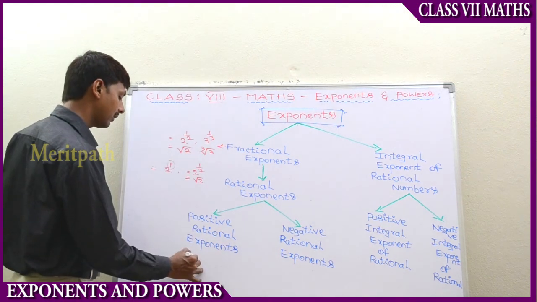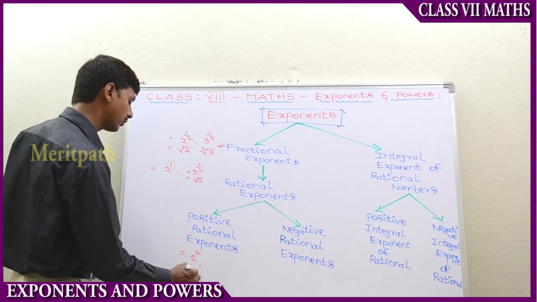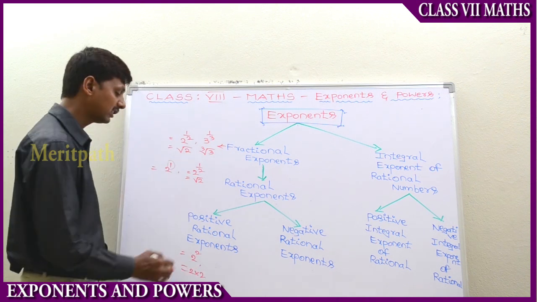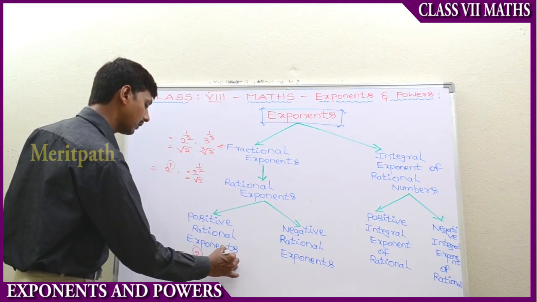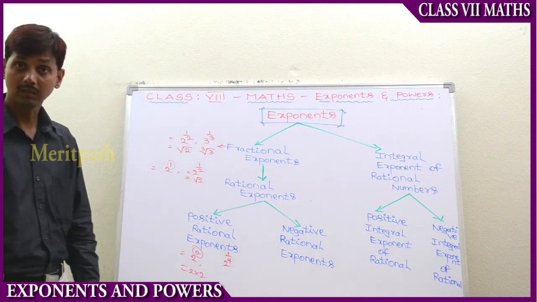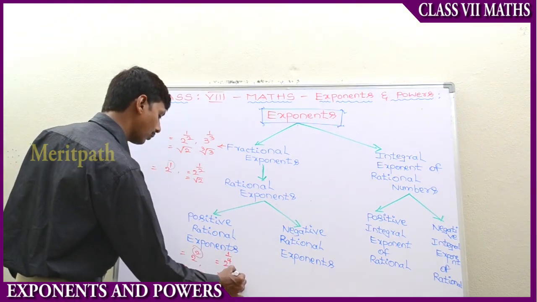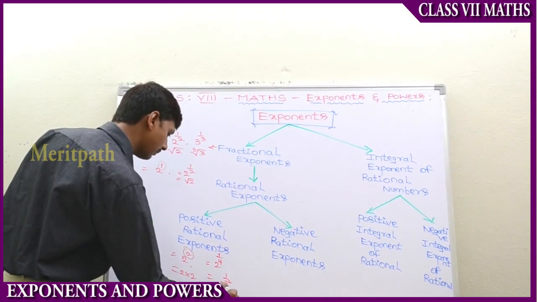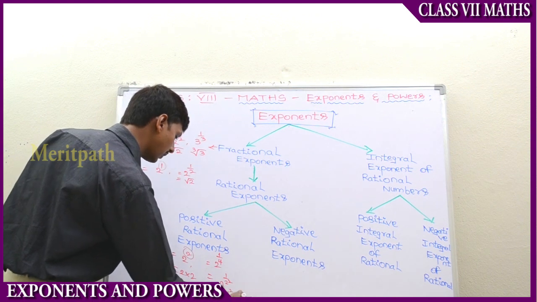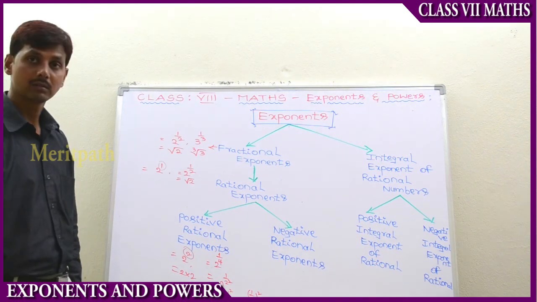Positive rational exponents are, for example, 2 power 2, which is 2 into 2 is 4. We call it a positive rational exponent. And 2 power 1 by 4, for example, is also a rational number. We write it as 2 power 1 by 2 whole square.